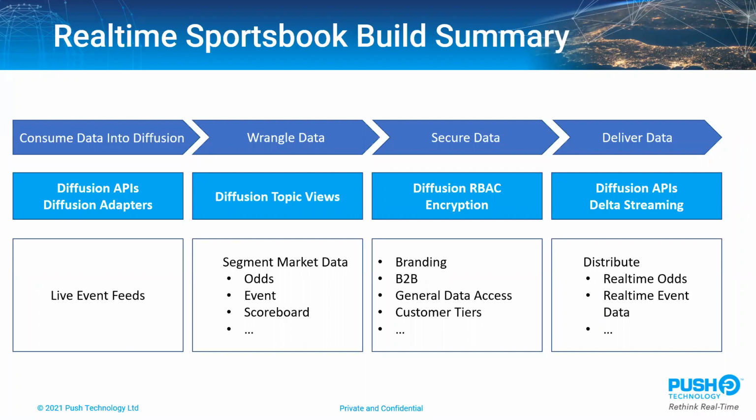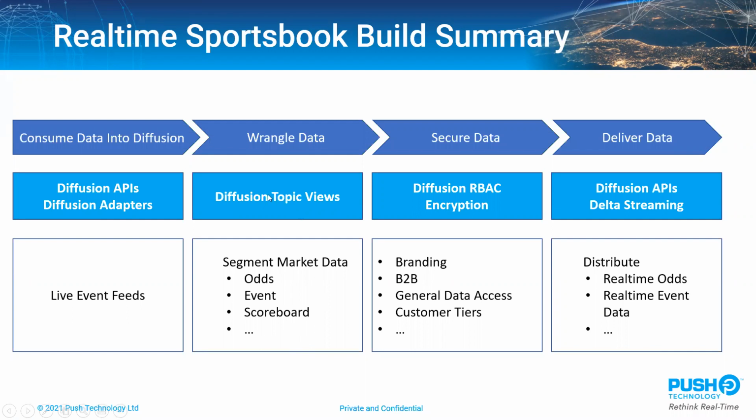Okay, so as we begin to roll up what you've seen today, the steps were from consuming data into Diffusion, using the APIs and the Diffusion adapters to start to collect data from any data source, any live feed that you may have. Could also be from different systems of record. You could have databases, you could have REST endpoints, etc., where this data is coming from.